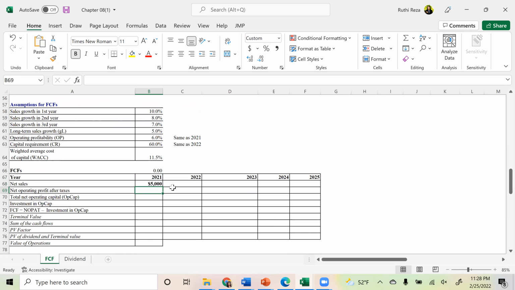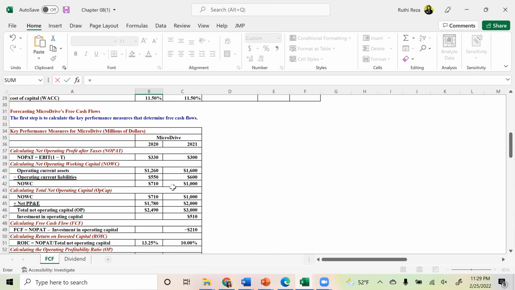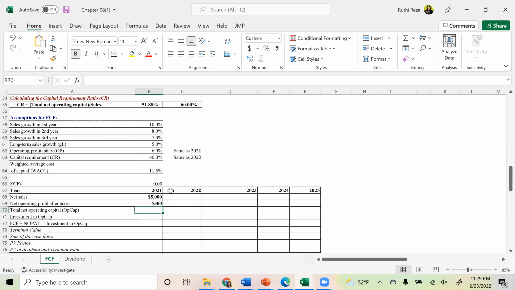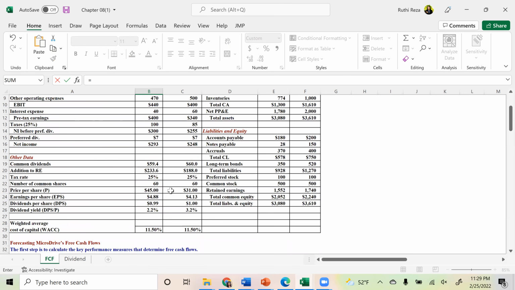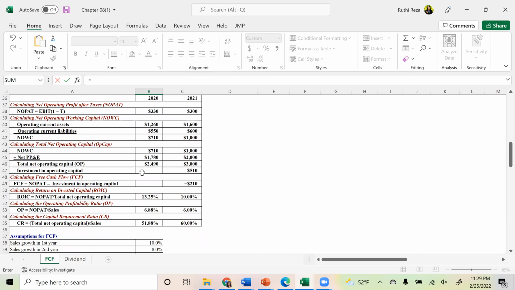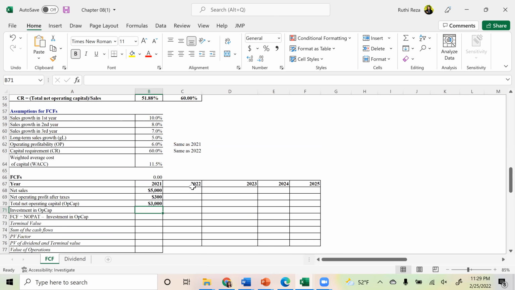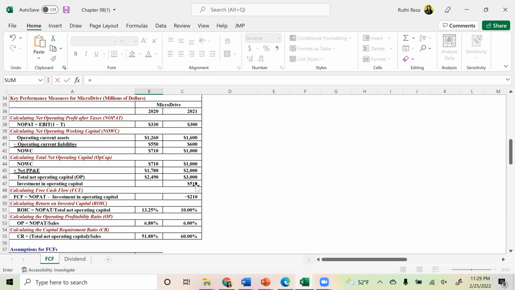Then net operating profit after tax, then total net operating capital, $3,000, and then investment in operating capital, $510.